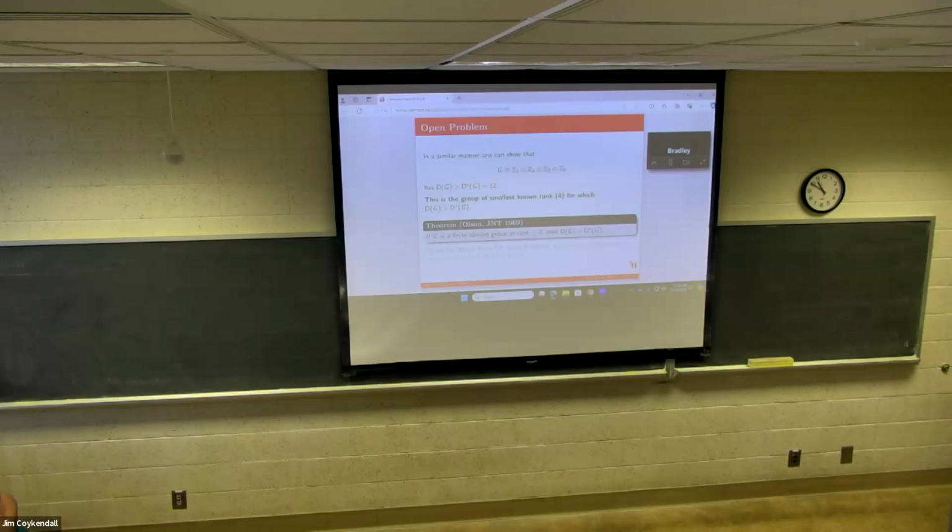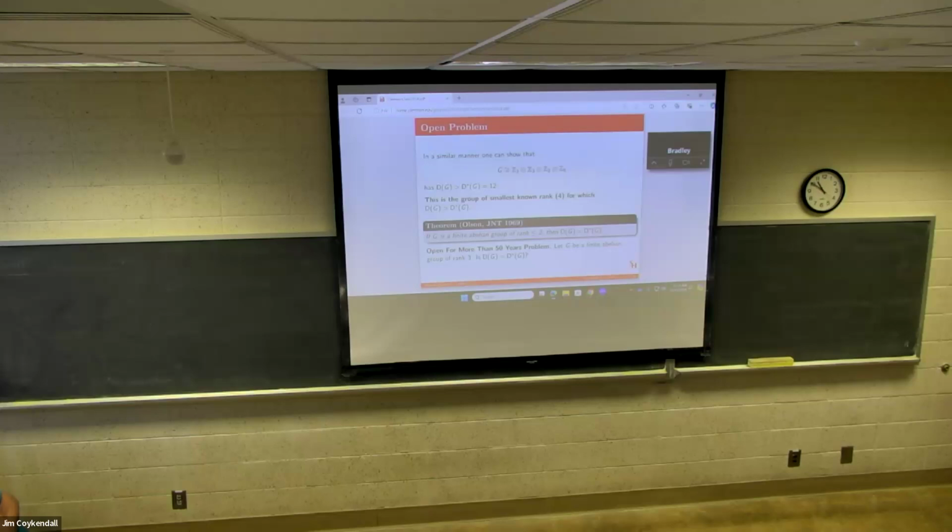Now let's glue the first couple parts of this slide together. I've got a counterexample of rank 4. Everything of rank 1 or 2 isn't a counterexample, so there's an obvious question here. Is there a counterexample of rank 3? Or for rank 3, does D of G always equal D of G star?